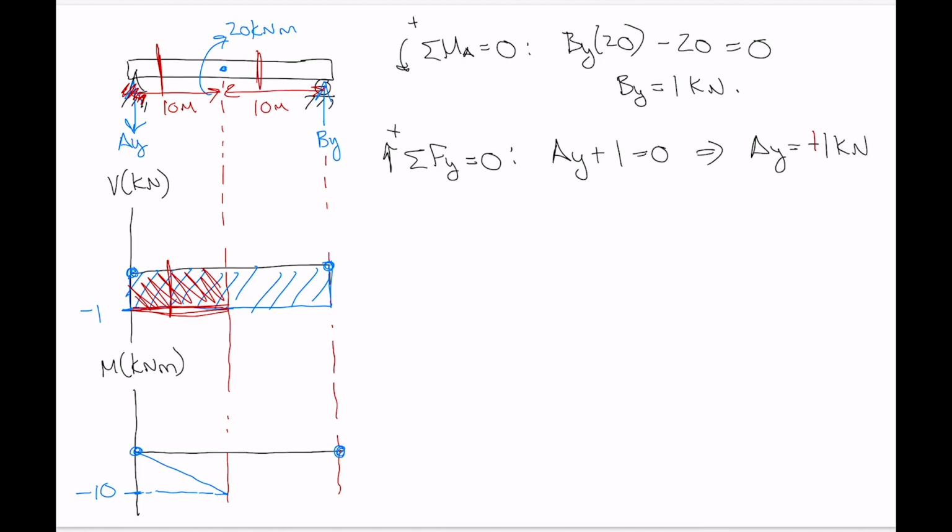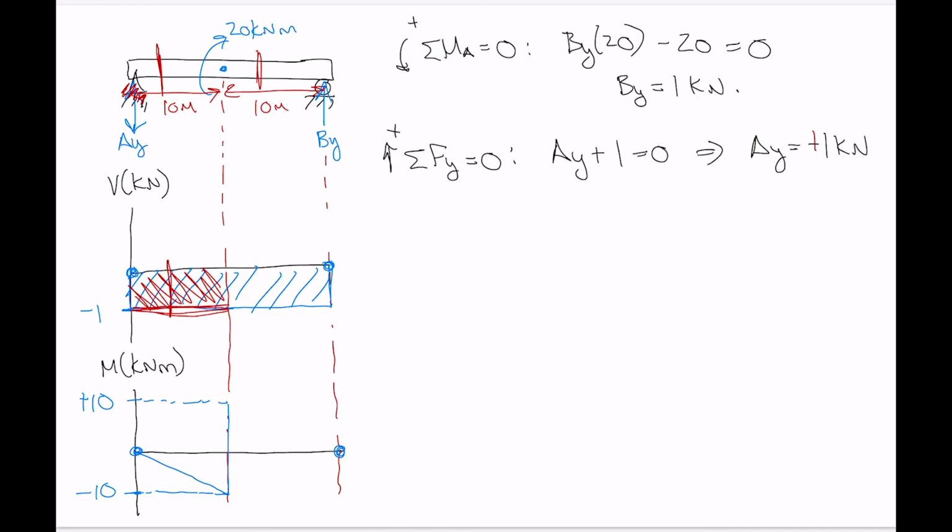Now we have our point moment. That's going to cause a vertical jump, and our jump is going to be equal to the magnitude of the moment. Clockwise point moment, jump upwards. So we're adding 20 to -10, and that's going to bring us up to +10 here, +10.